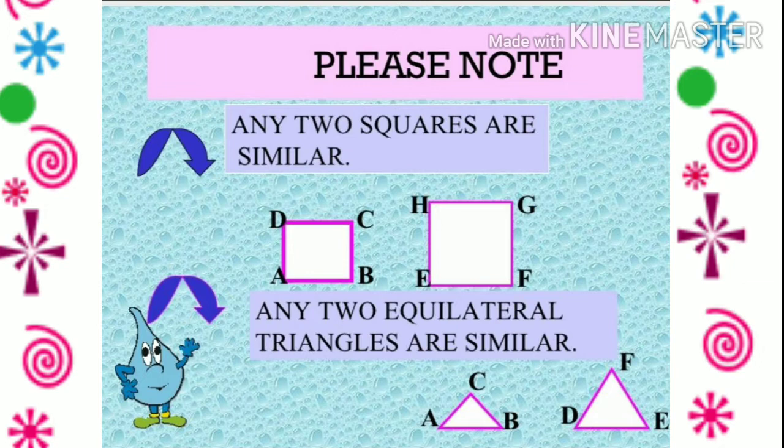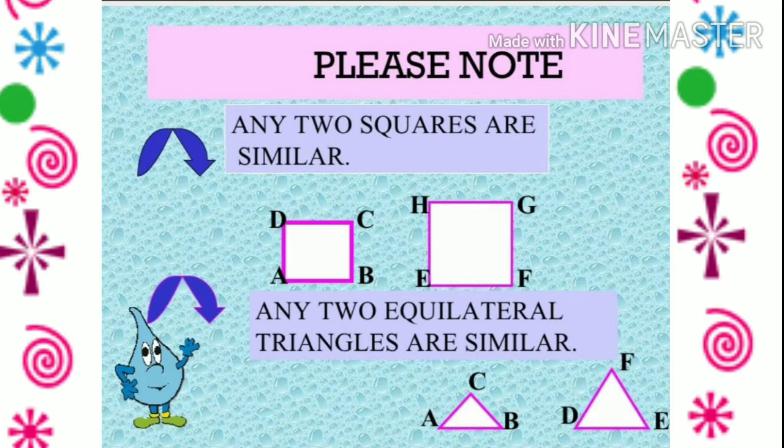Next, any two squares are similar. The squares have the same shape but not the same size. That is, the sides are different for these two squares. Next one, any two equilateral triangles are similar. Equilateral triangle means all the sides are equal.